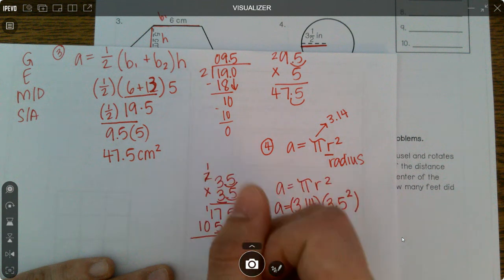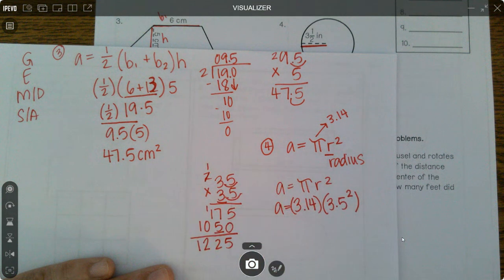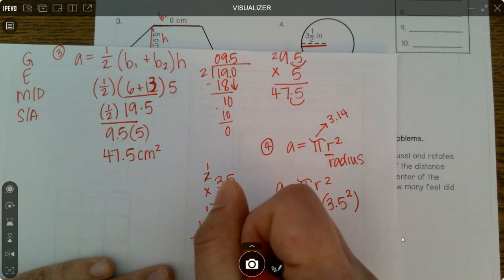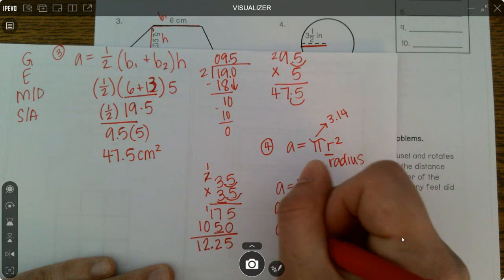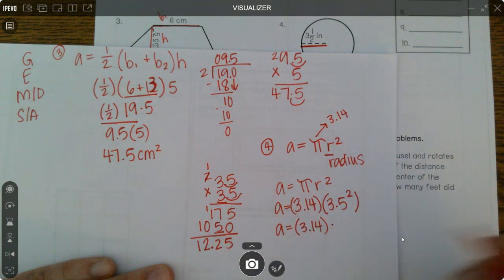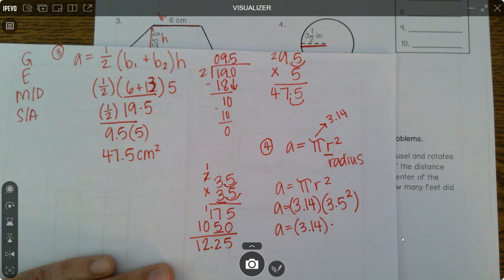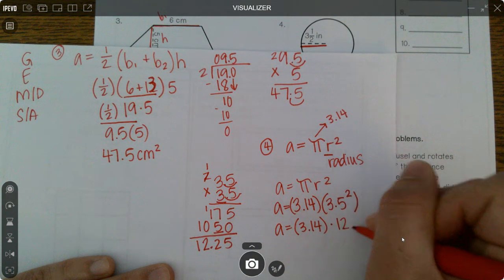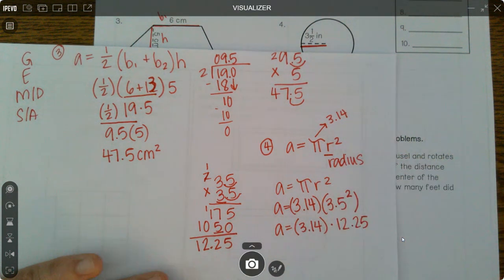So when I shift my decimals back in, I have 3.14 times, and then 3.5 squared gave me 12 and 25 hundredths.